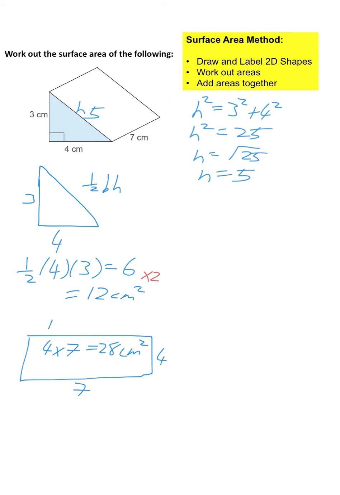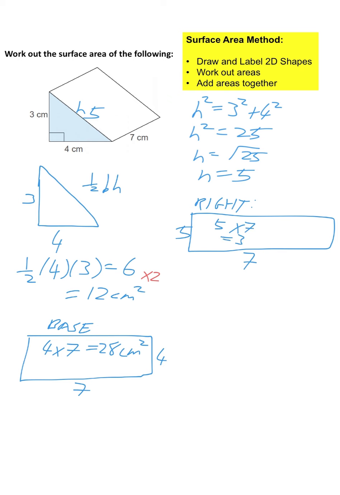Okay, so let me just write in as well that is the base. Okay, so now the right side, I'm going to have 7 and 5. And 5 times 7 is 35 centimeters squared. Now I'm just left with the left side, which will be 7 and 3.